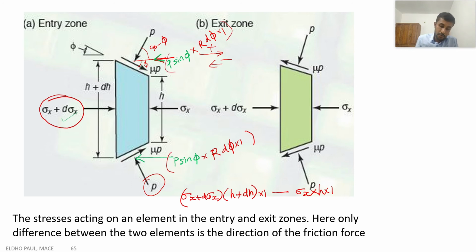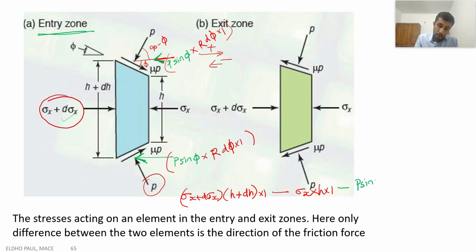So these are the two forces corresponding to the radial pressure, which is acting towards the left in the entry zone. In the entry zone of the element, both the pressure forces are acting towards the left of the workpiece. So towards the left we take as negative, so minus P sin phi.